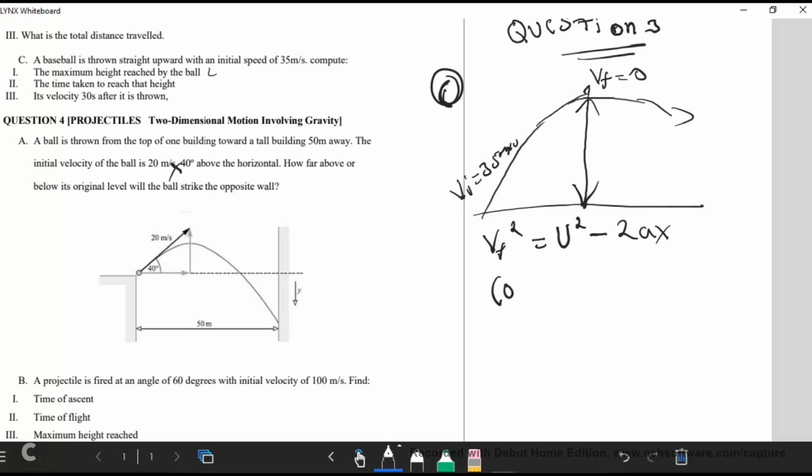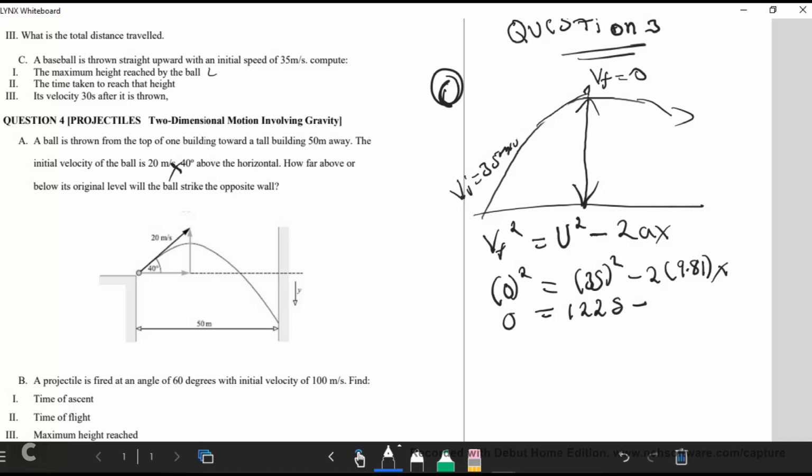The final velocity at the final height is 0, squared, is equal to 5 squared minus 2 times 9.81 times x. So 0 is equal to 25 minus that one.